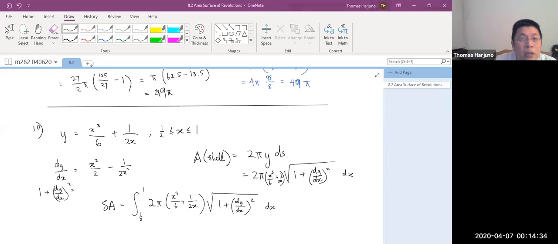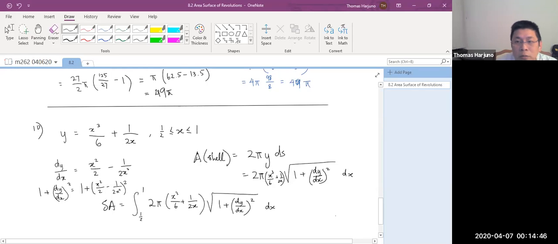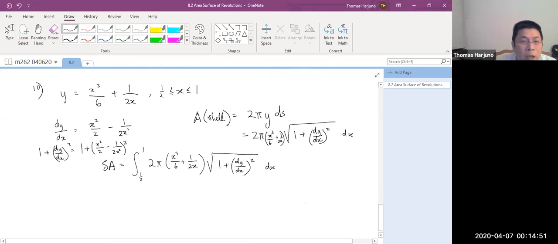So this is 1 plus (x squared over 2 minus 1 over 2x squared) squared. And if you work it out, I believe you will get 1 plus (dy/dx) squared is equal to (x squared over 2 plus 1 over 2x squared) squared.